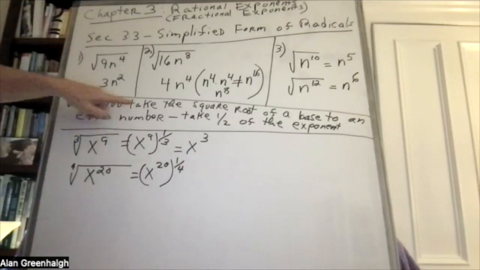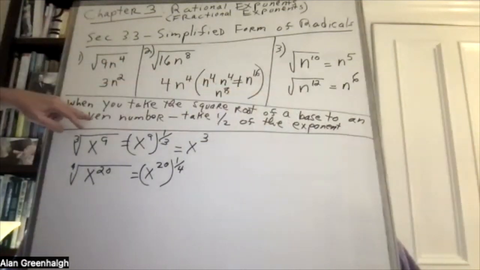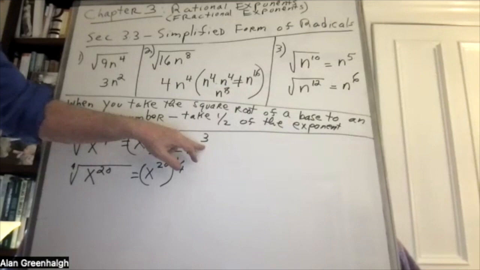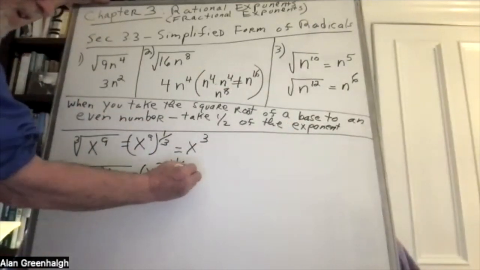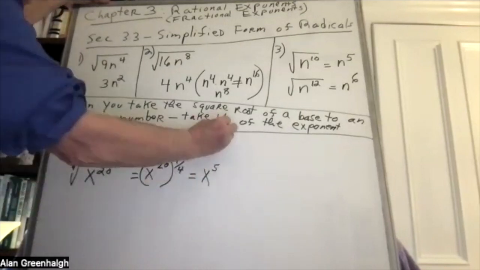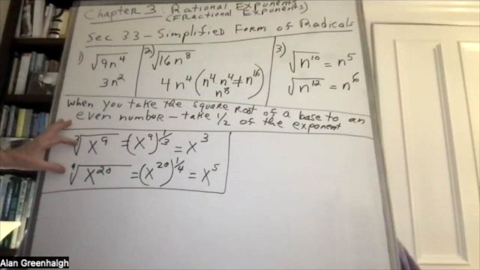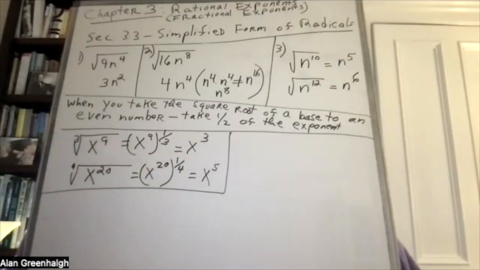So when you take the third root of a base to an exponent that's a multiple of 3, then you take 1/3 of that. When it's to the 1/4, you take 1/4 of 20. So whatever the exponent happened to be, you take that fraction of the exponent.